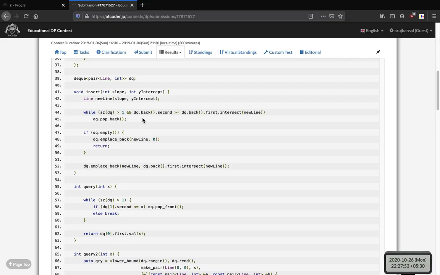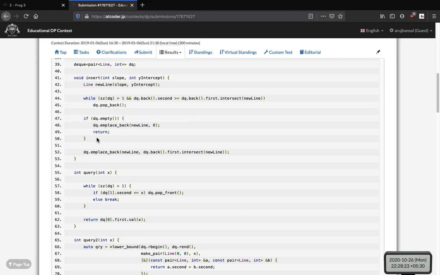And now this is the part where you check if the intersection of this new line with the last line is less than the intersection of the last line with the second last line. So that's just checking if the last line has an intersection x value greater than the intersect value of the new line with the last line. Then we basically remove the last line like I showed you.